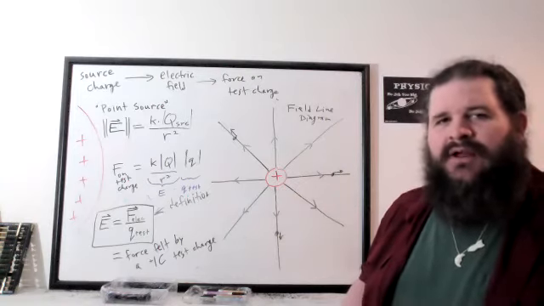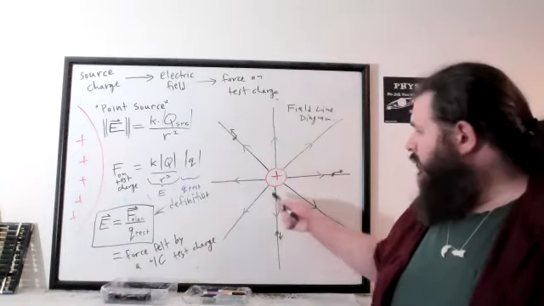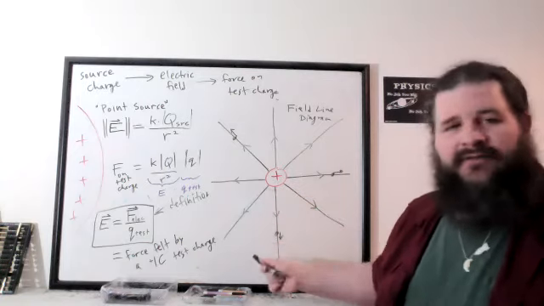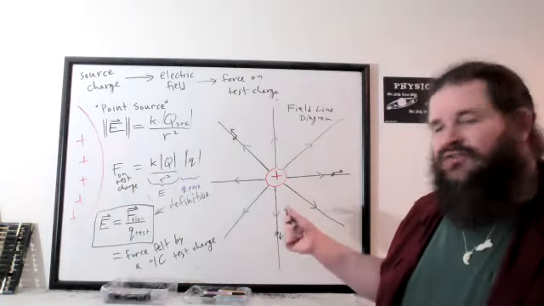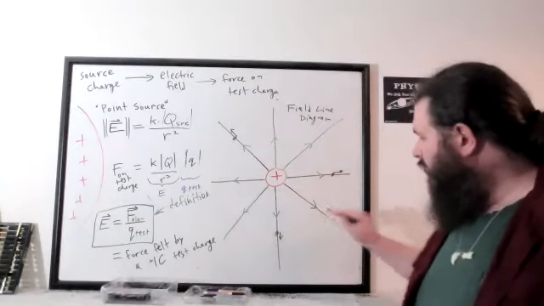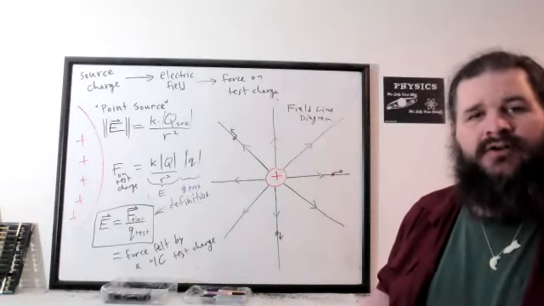And this is relative. We're not really showing specific numbers with this. We're just showing closer together means a stronger field, further apart means a weaker field. So you can see visually that you get a strong electric field in the region close to the source charge. You get a weaker electric field if you're further away from the source charge.